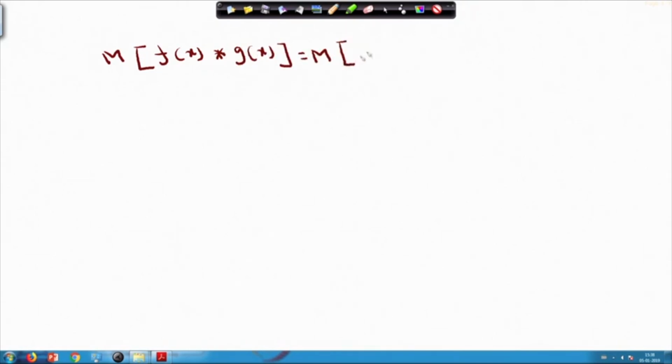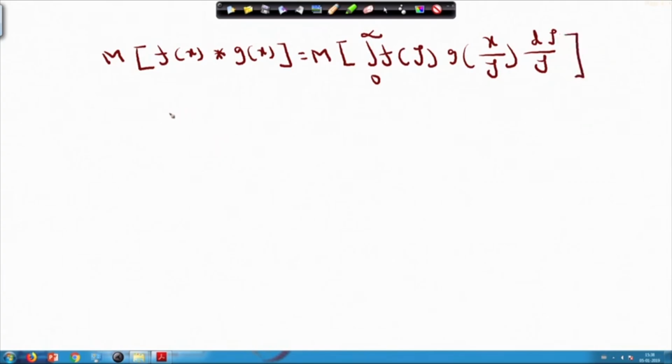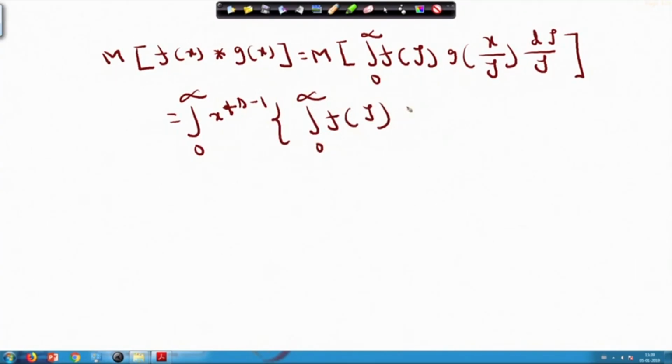From the definition you can write the integral from 0 to infinity of f(η) g(x/η) dη/η. Putting in the definition of the Mellin transform, you will obtain x to the power s minus 1 times this integral, that is, the integral from 0 to infinity of f(η) g(x/η) dη/η, into dx.